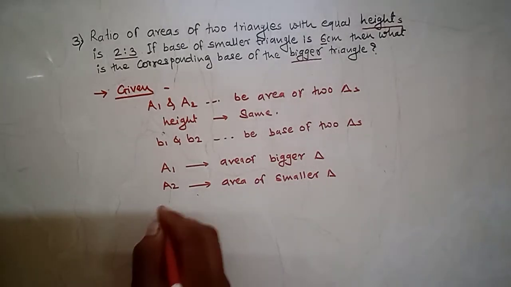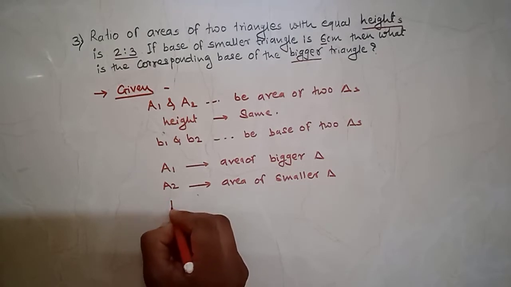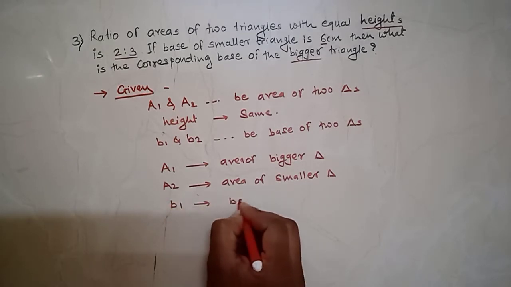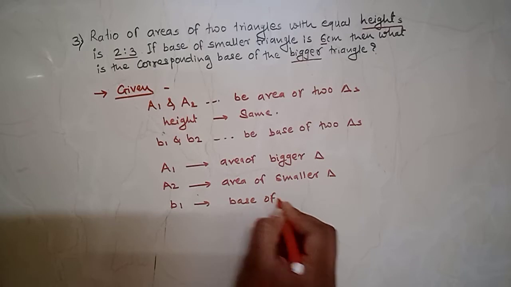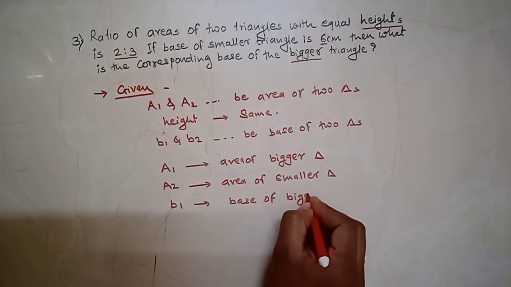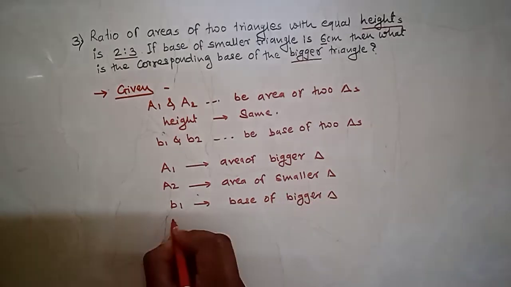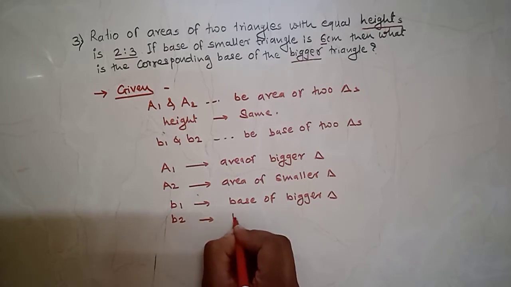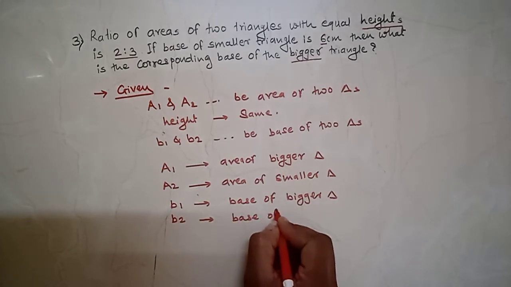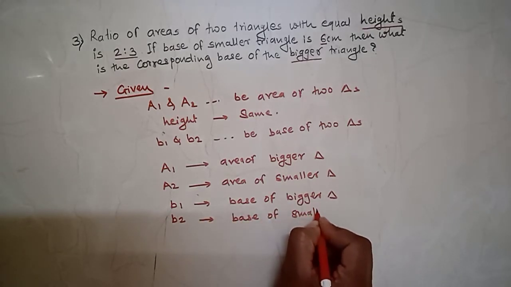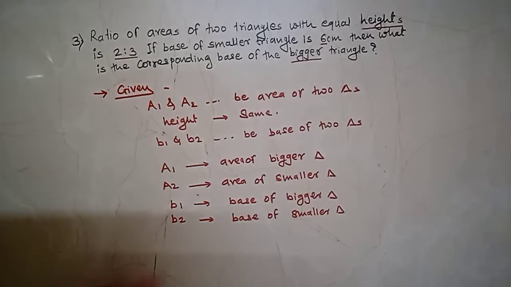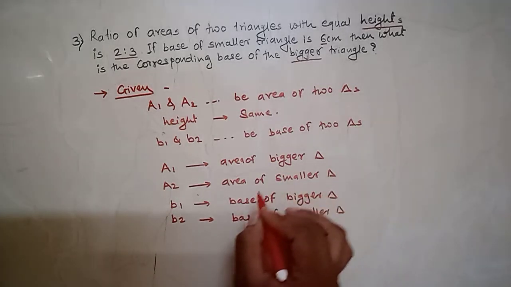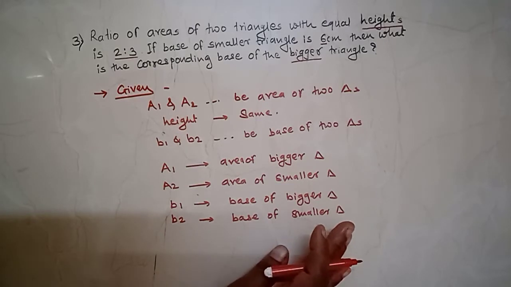Obviously B1 and B2 are also distinguished: B1 is the base of the bigger triangle, and B2 is the base of the smaller triangle, right? So here we get the smaller triangle and the bigger triangle.